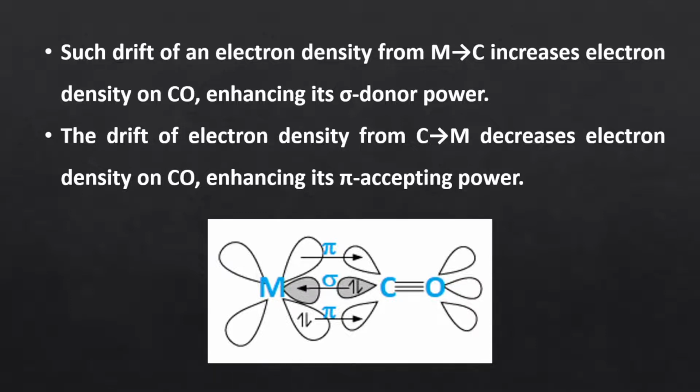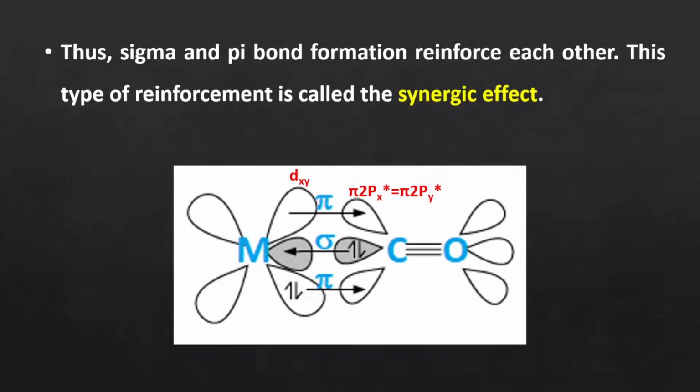The d orbital of the metal atom involved in the back bonding should have proper alignment with the pi antibonding orbitals of the carbonyl molecule. Hence, the dxy orbital of metal atom donates an electron to the empty 2px* and 2py* antibonding orbitals of the carbonyl molecule.